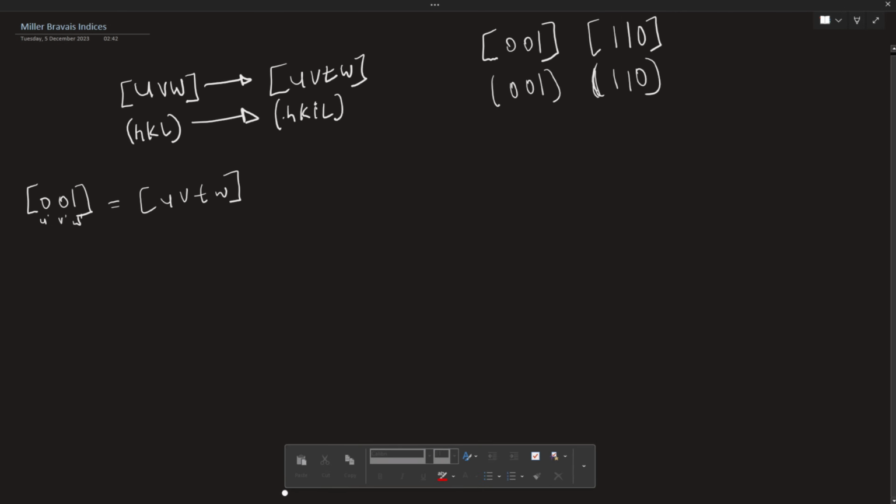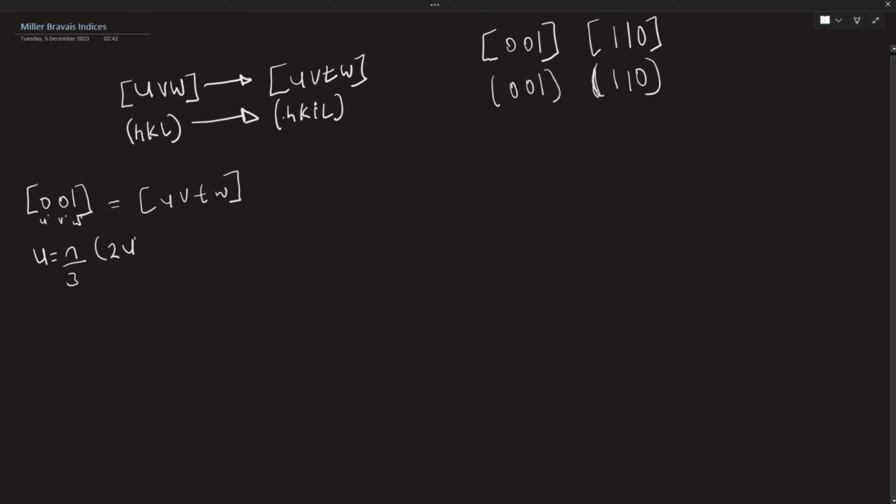So remember the formula to find our u is equals to n over 3, open bracket, 2u initial minus v initial, then close the bracket. So here we know our n is equals to 3. Therefore, we have 3 over 3, open bracket, 2, open bracket, our u, which is 0, minus our v, which is 0 also.